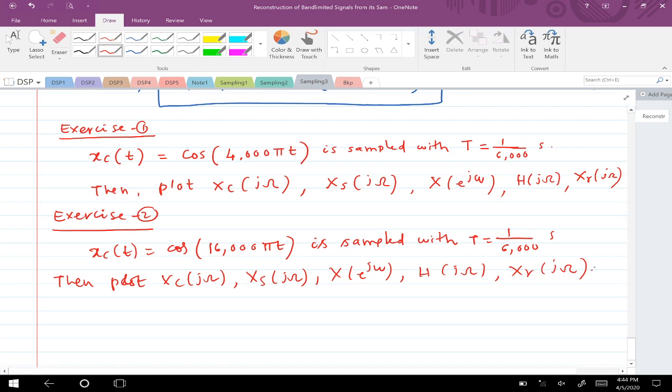Then you would notice an interesting thing, that in fact Xr of j omega would be the same, the second one resulting in aliasing.